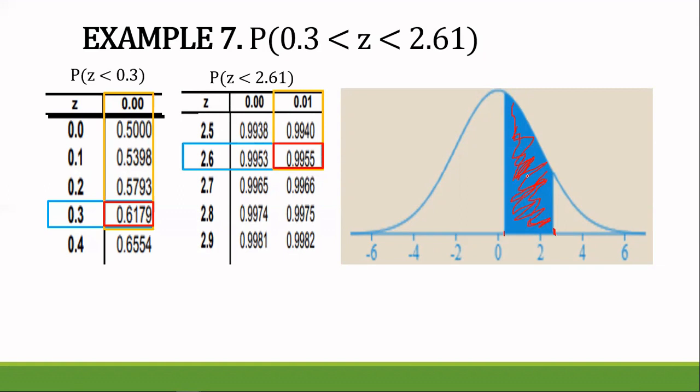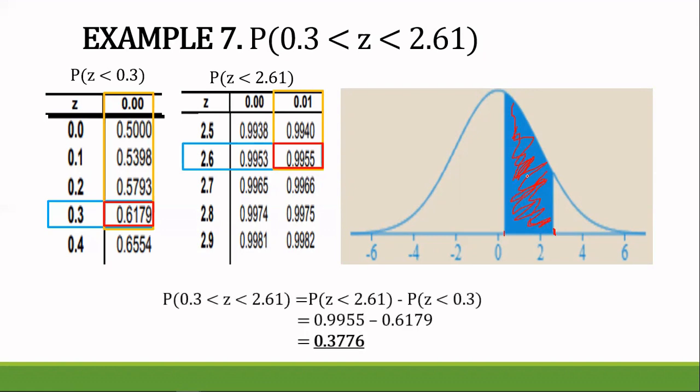So again, sabi doon yung Z value na mas mataas, okay? Kailangan natin i-subtract yung mas mababa na Z value. Ayan. So 2.61 is greater than 0.3. So the value based on the table of 2.61 is 0.9955 minus the value of 0.3, which is 0.6179.